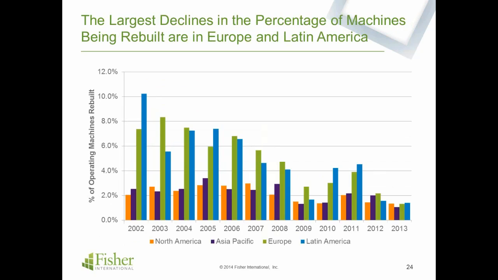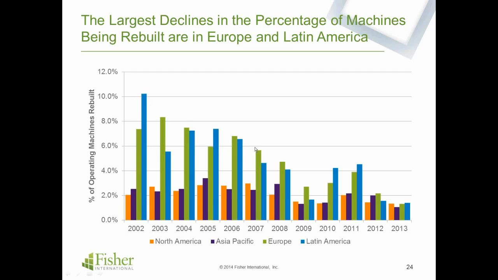Now, that does vary by region of the world. So if we go back to 2002, we'll notice that in Latin America, producers were rebuilding more than 10% of the operating machines each year, as compared to just about 2% of machines in North America being rebuilt.